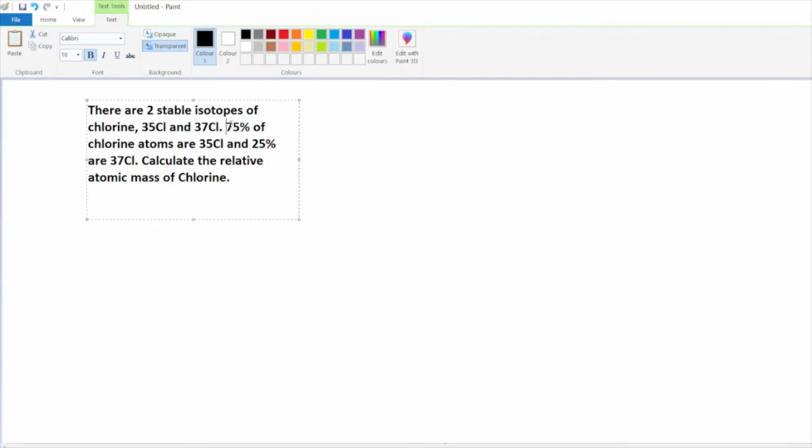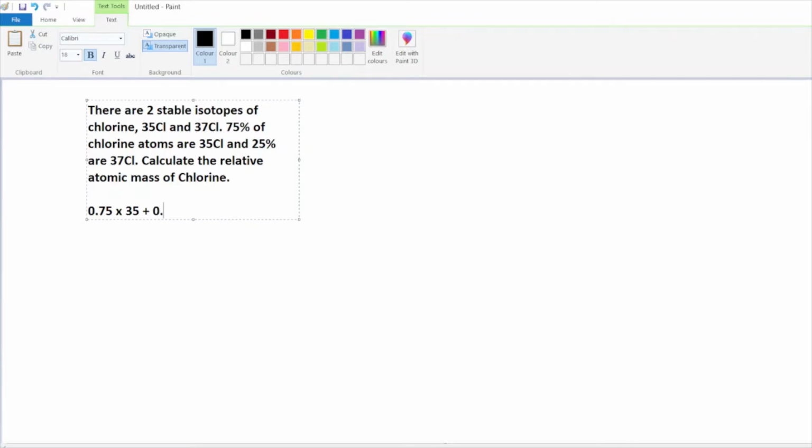We find how common each one is. So 75% of 35Cl. So what we do here is we use the percentage as decimal multiplier, so 0.75 multiplied by the mass number 35, and we add that because we want to make the whole number 100% by taking the average abundance of the two isotopes.